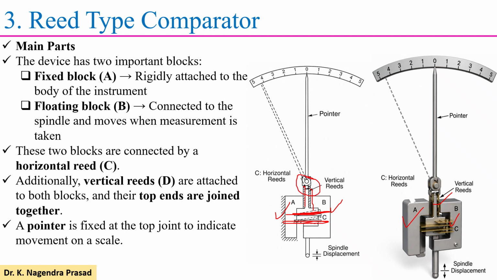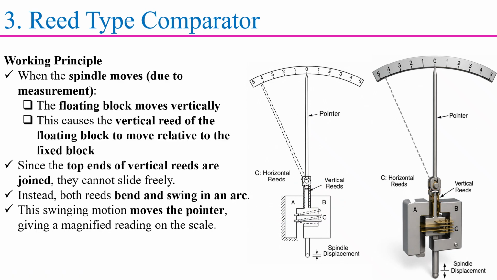So at the top ends these two are at the joint, and moreover the pointer is fixed at the top joint to indicate the movement on a scale. On the top joint it is connected to the pointer.